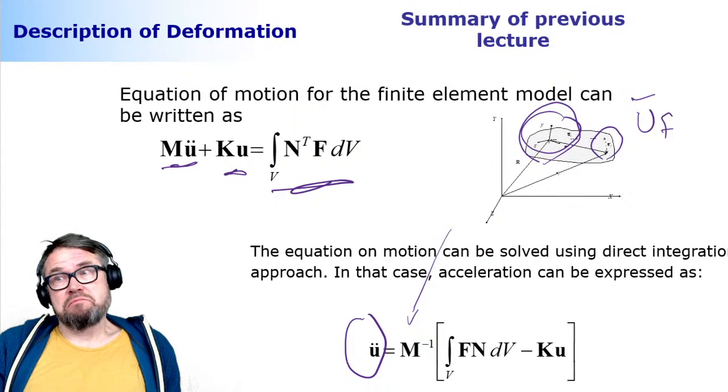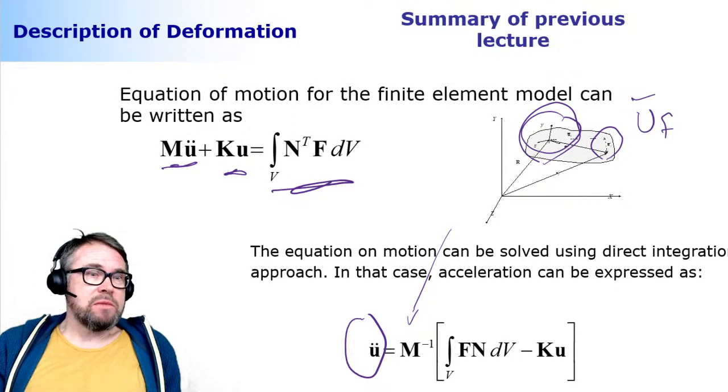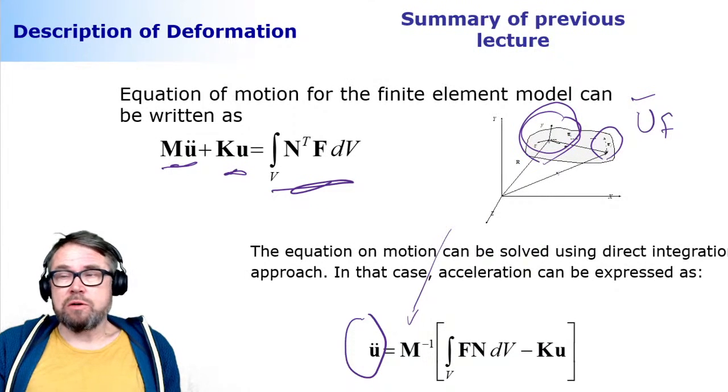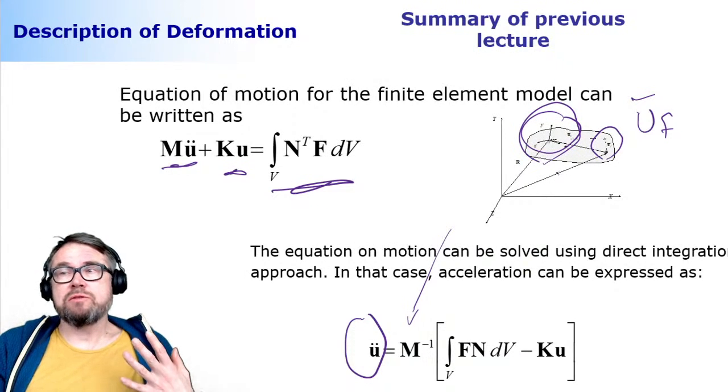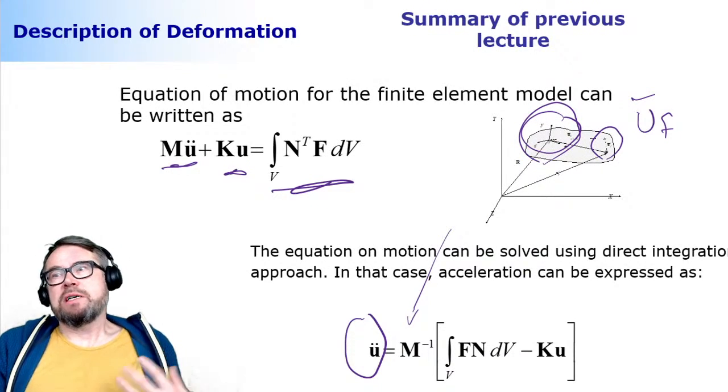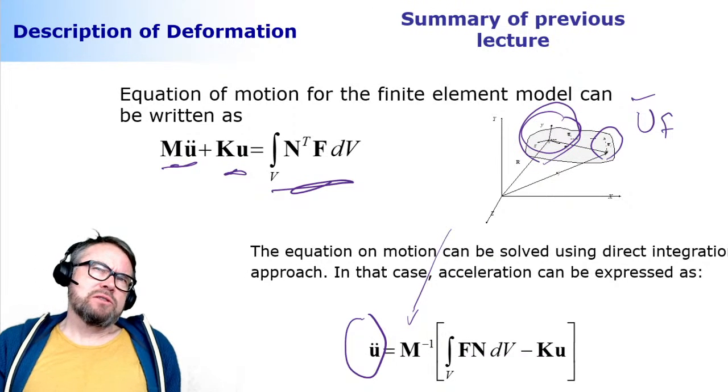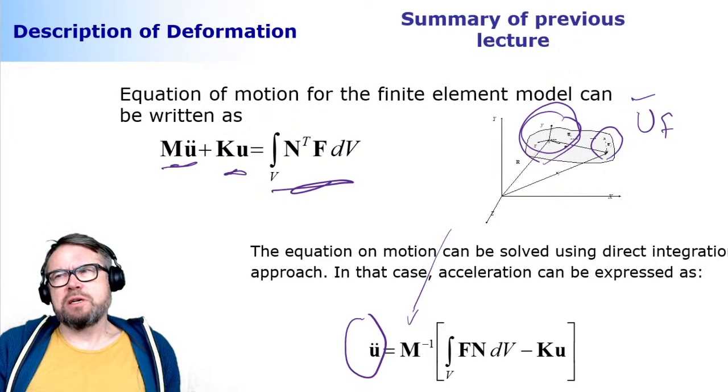And that's okay, because usually if you're solving a static problem, you do have enough computer power to solve it. So it's not a big problem to make a very fine finite element mesh. Usually there are no serious drawbacks other than the computational efficiency associated with a high number of finite elements.